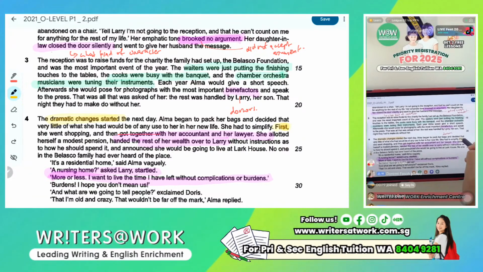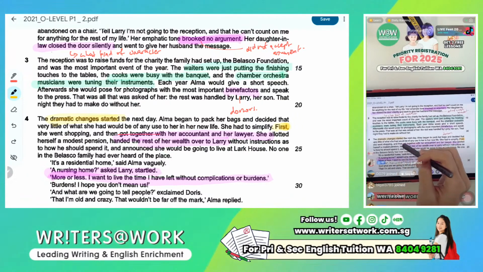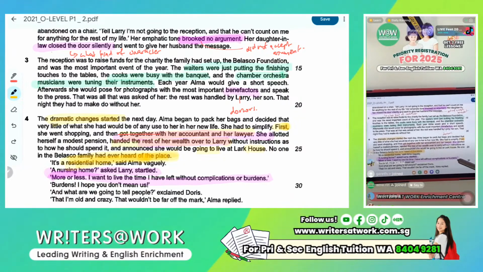And tell first, so you can actually talk about how she handed over the wealth to Larry. And next is she announced that she was going to live at a large house where nobody heard of this place. That's why it's dramatic, because the grandmother is trying to go to somewhere where nobody knows.